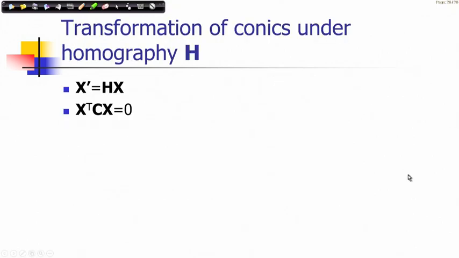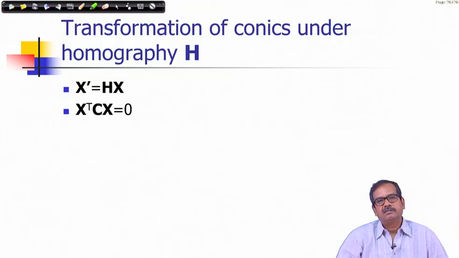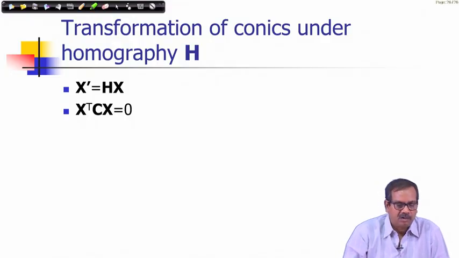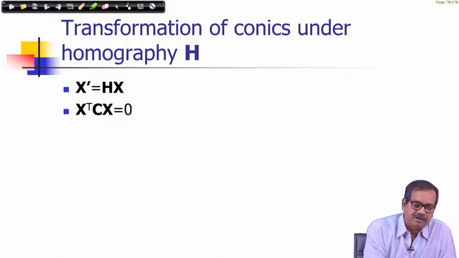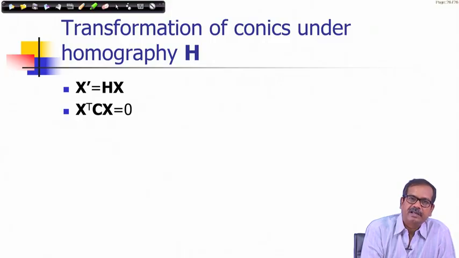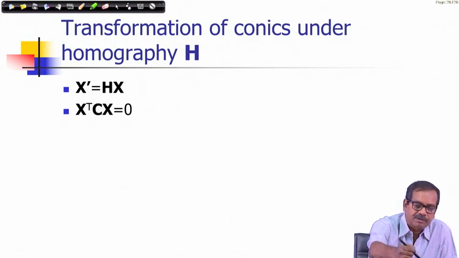So, let us see how a conic appears under transformation. Let us consider a transformation H, where a point x is transformed to x prime. All the points which are lying on a conic and which are given by the equation x transpose C x equals 0, let us see what property they follow in the transformed space following the conic rule.